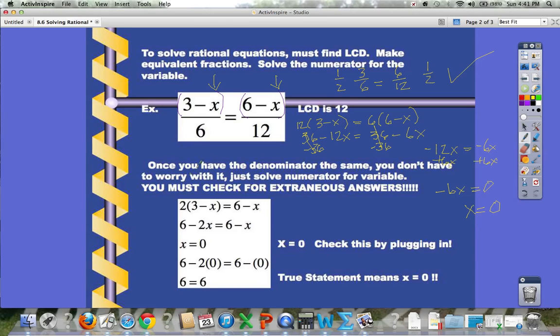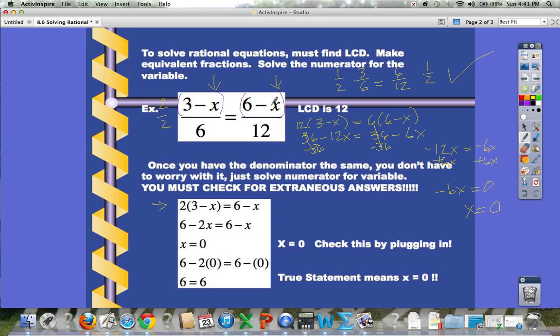All right, so once we've got this done, now if I was going to find the LCD, I would then multiply, if I was going to do it that way, the 6 needs to be made into a 12, so I need to multiply this side by 2 over 2, which will make 12 on the bottom and 2 times 3 minus x on top. This is the step right here.